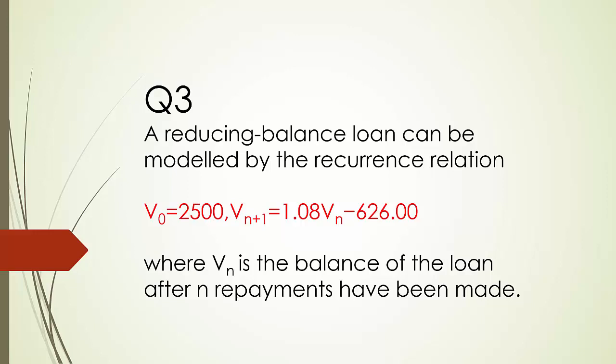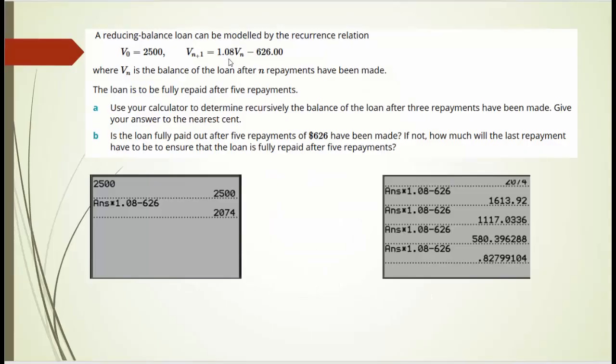In other words, we're doing 8% interest and we're repaying $626 each term. So what you have to do is do the same as I did for question 1. They're all doing the same thing, but they're asking different questions, so make sure you answer each part of each question to fully understand the whole topic.